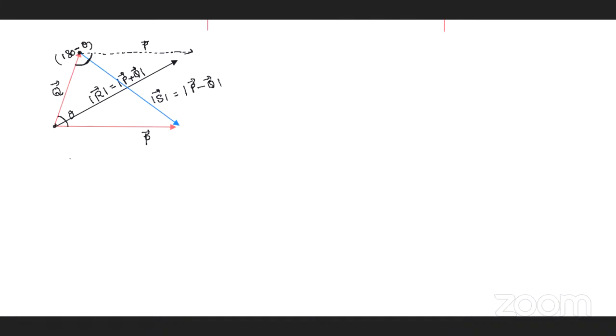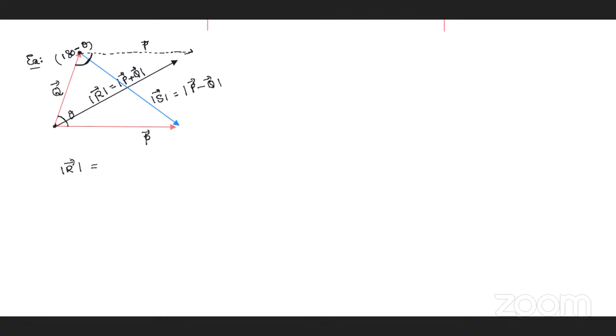Then mod R bar equals, since these two are originated from the same point, the angle between the two vectors is theta.